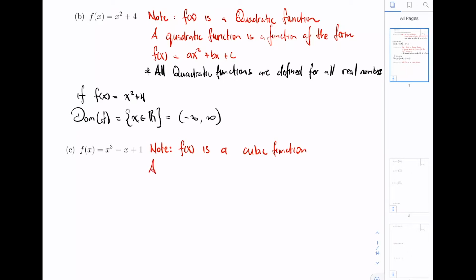Of course, a cubic function is any function of the form ax cubed plus bx squared plus cx plus d equals f of x. Okay, let's keep the standard consistent.